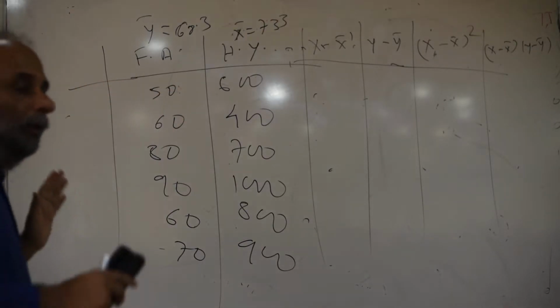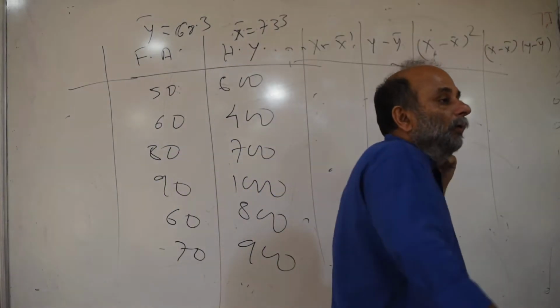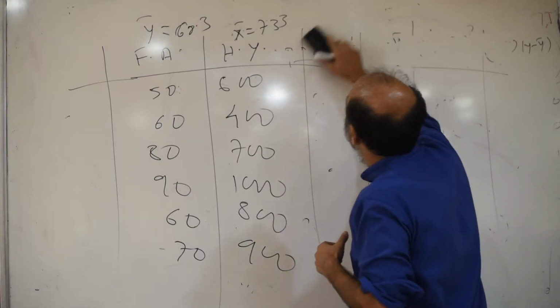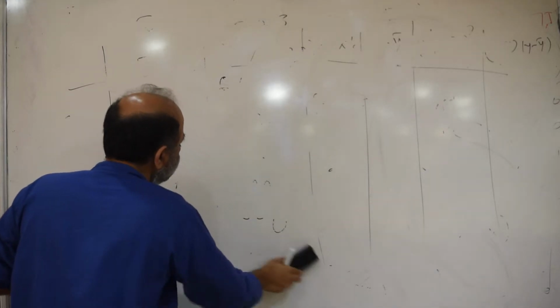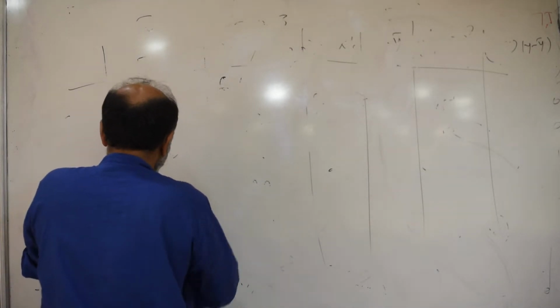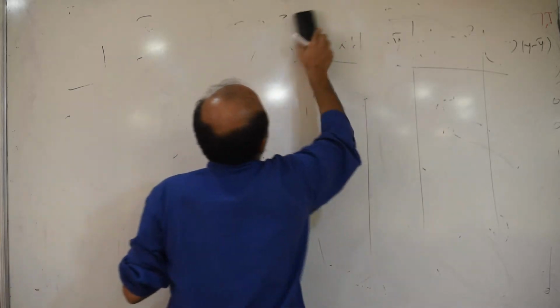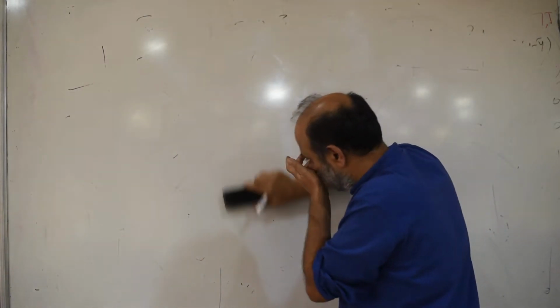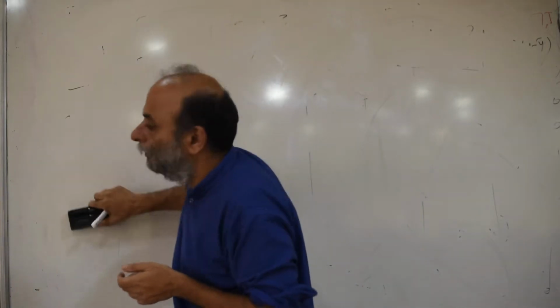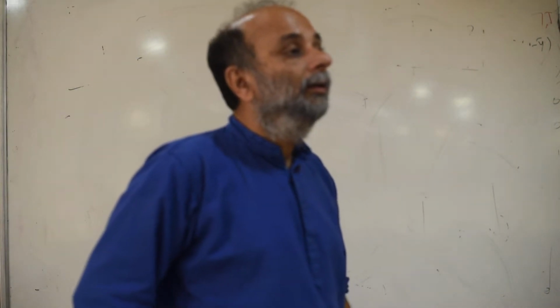Okay. Now, this is one approach to finding the alpha and beta. This is another approach to finding the alpha and beta. But in this case, we are assuming that we will be making a straight line correlation.